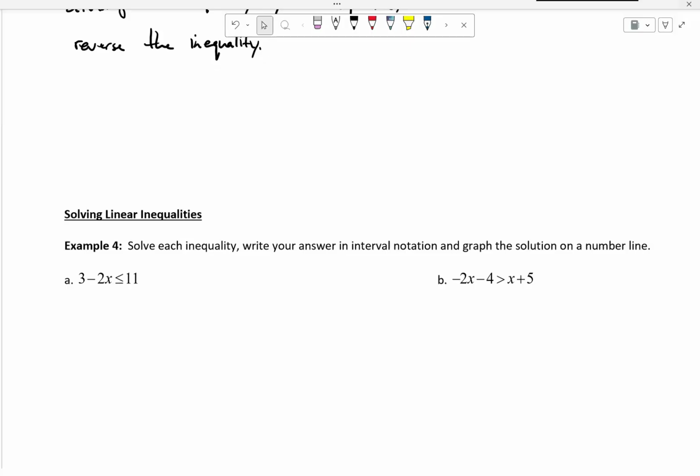It says write your answer in interval notation and graph the solution on a number line. Did you do that? Example 4.